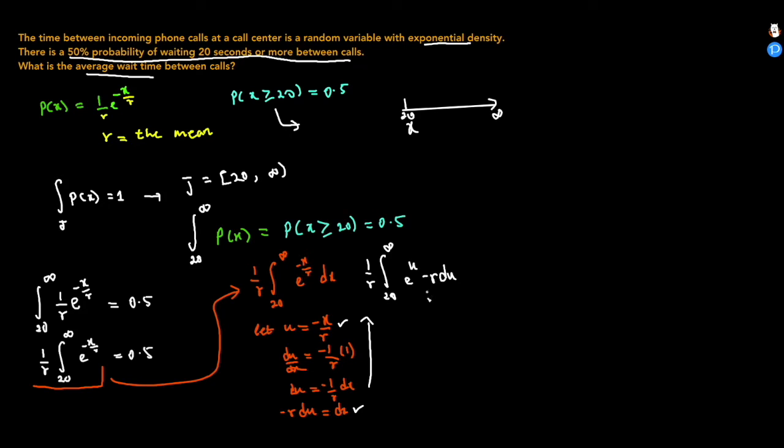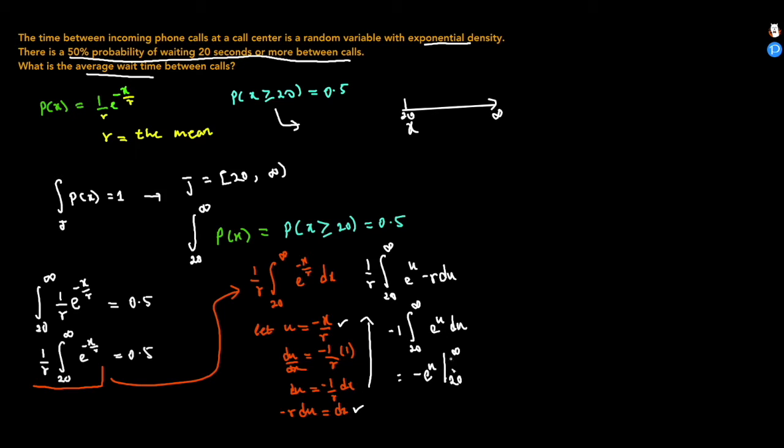Now we can pull this minus r out, so this is going to be minus r over r, so minus 1 times the integral from 20 to infinity of e to the u du, and we know how to do that. That's just going to be e to the u, so minus e to the u from 20 to infinity.